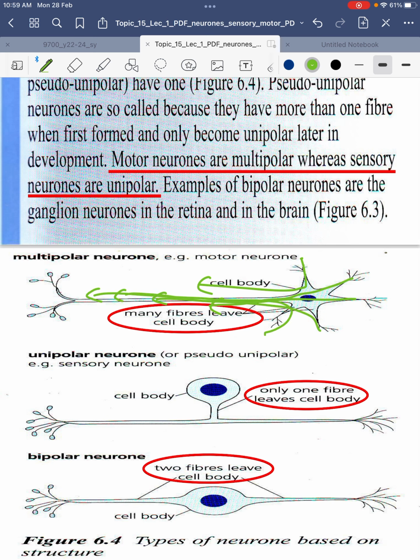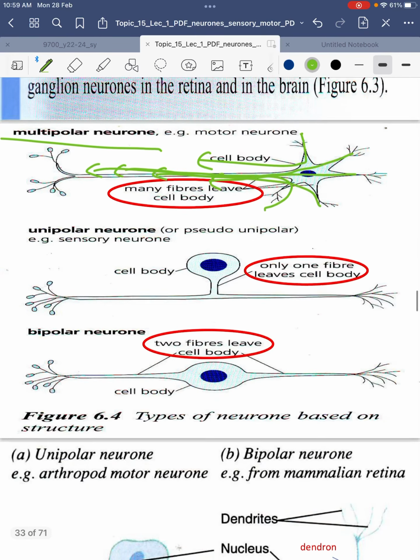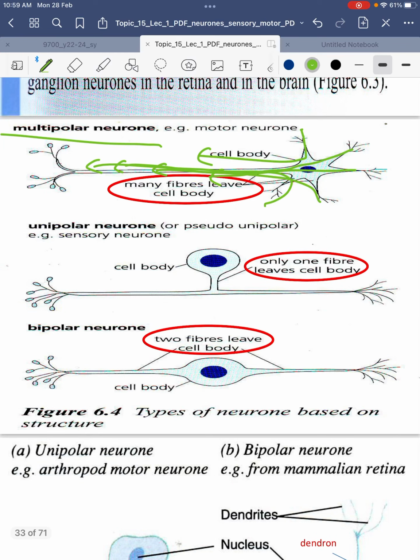Many fibers leave the cell body, so it's called a multipolar neuron. A unipolar neuron, like the sensory neuron, has only one fiber leaving the cell body, so it goes here, goes up, and then goes down again.